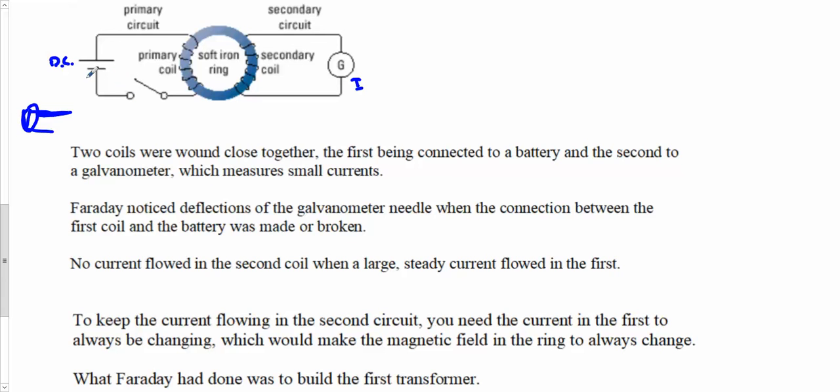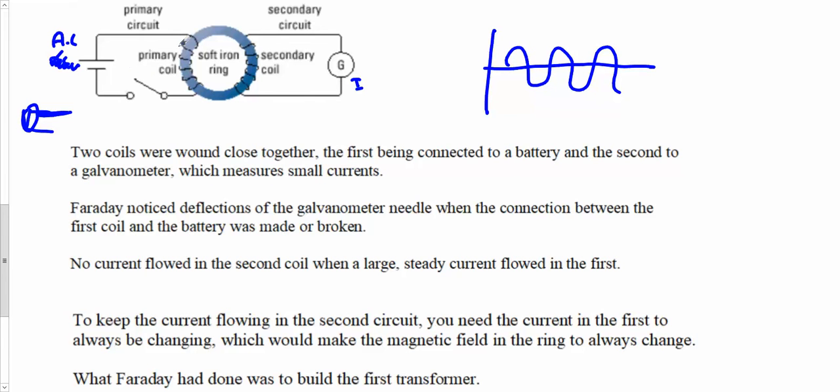So if instead I'm using AC current over here, let's pretend, the current over here is always changing, never constant. Remember our graph of AC current looks like this. Sometimes it's going in one direction, sometimes it's going in the other direction.